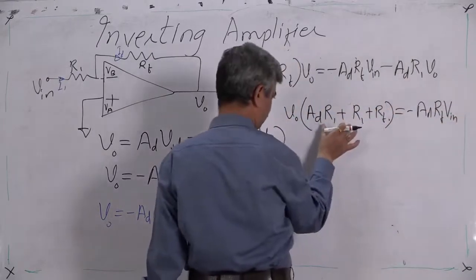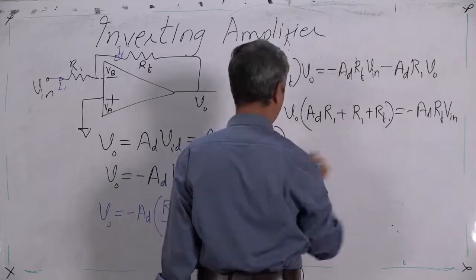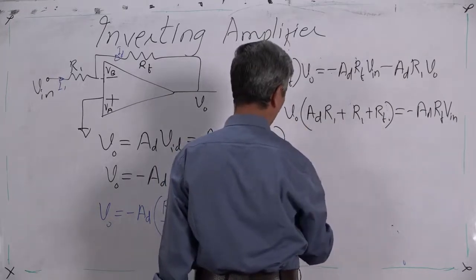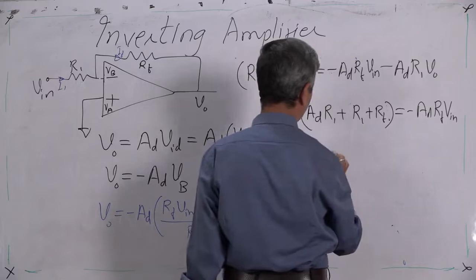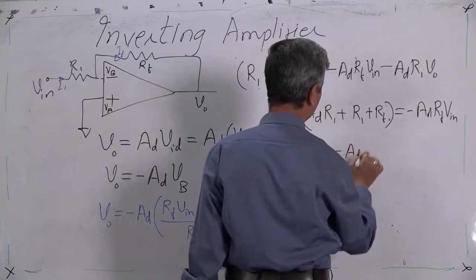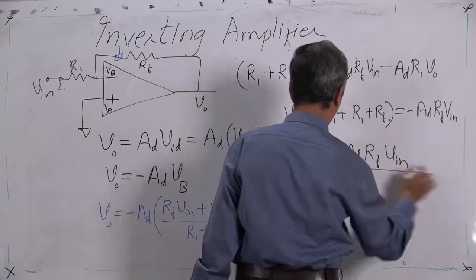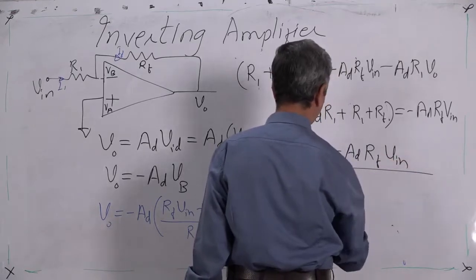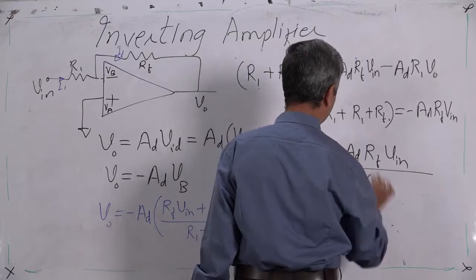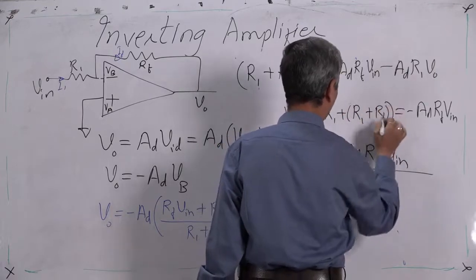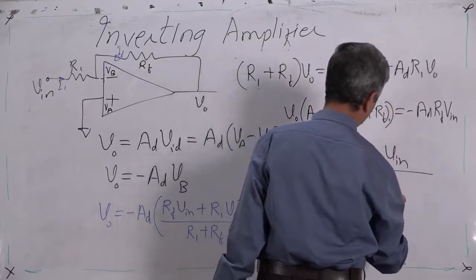So we want VO, this goes in the denominator on the right hand side. So VO is equal to minus AD RF Vin upon AD R1 plus, I write one more bracket for simple understanding.